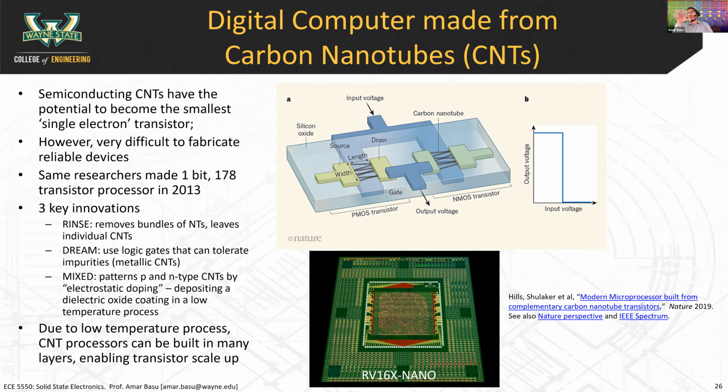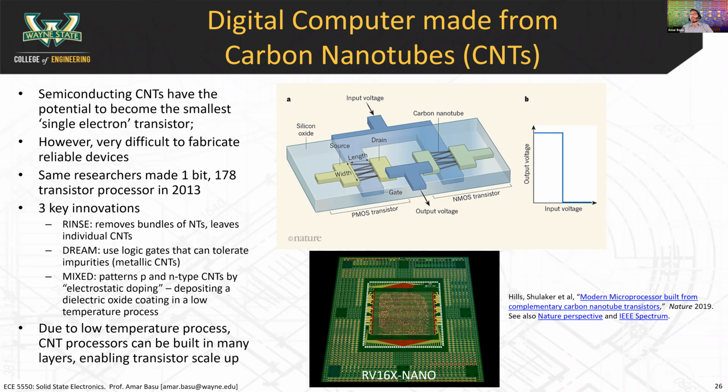I won't go into all the details of these, but they basically came up with different innovations to remove nanotube bundles and just have individual nanotubes. Impurities can often be a problem. When you make nanotubes using a chemical process, not all of the nanotubes are semiconducting. Some of them are metallic, some of them not.